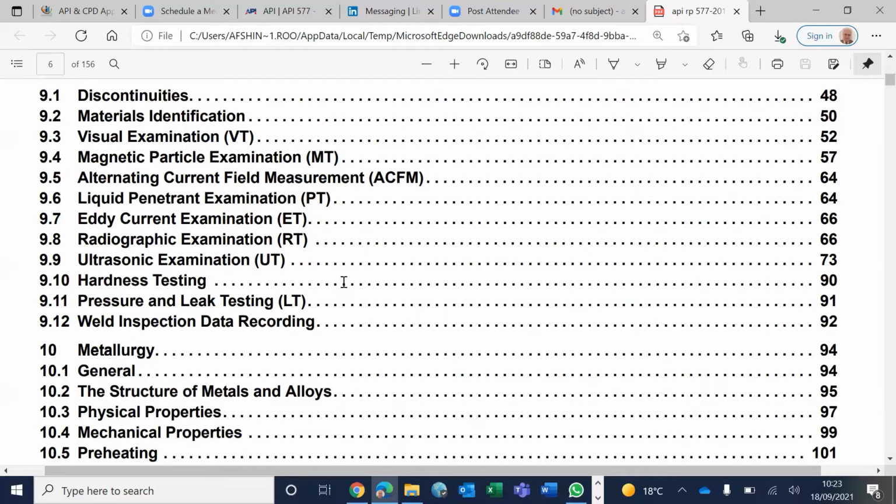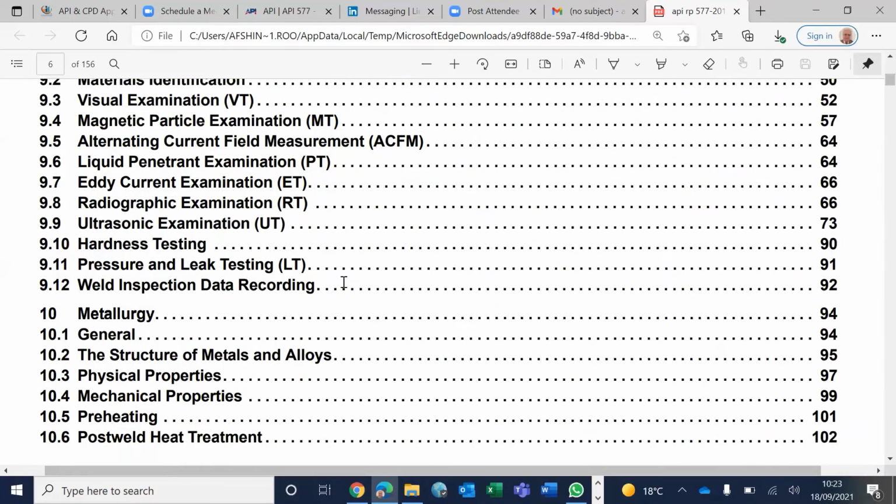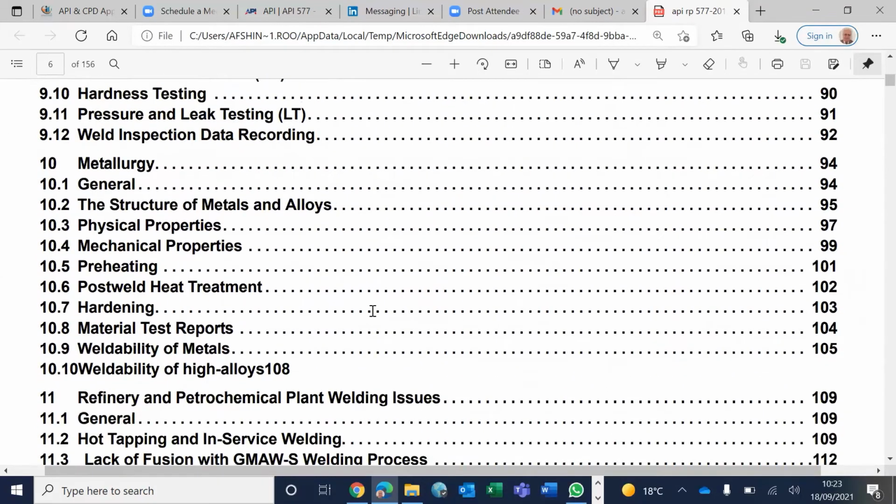You should know this. You should know about the metallurgy, structure of metals and alloys, physical properties such as density, thermal conductivity, mechanical properties such as tensile test, bend test, Charpy test, preheating, post-weld heat treatment to soften the material, hardening, the surface of the material, material test report.